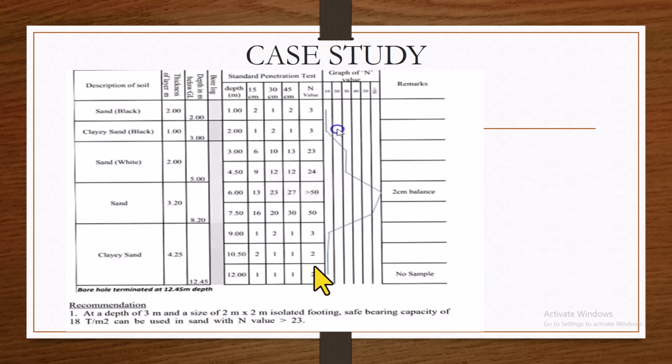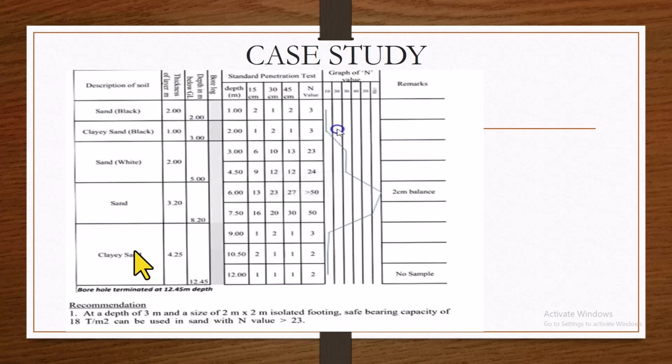A recommendation says that at a depth of 3 meters, a 2 by 2 meter isolated footing and safe bearing capacity of 18 tons per meter square can be used in sand with N value greater than 23. So that is the recommendation from the soil test report.